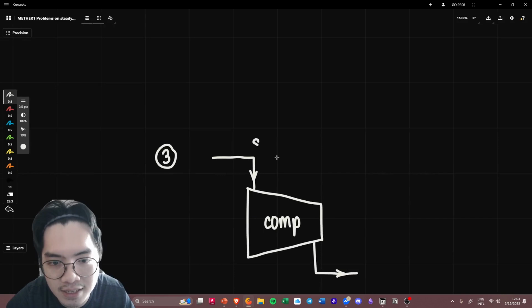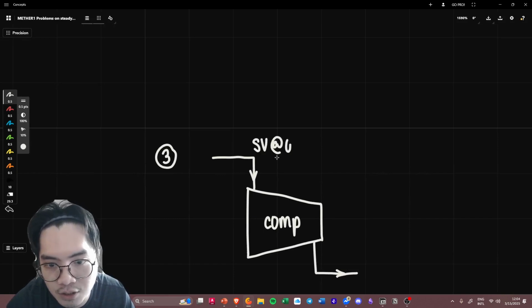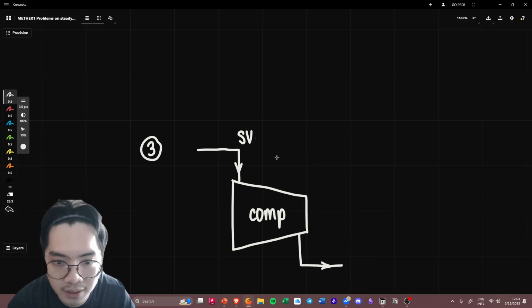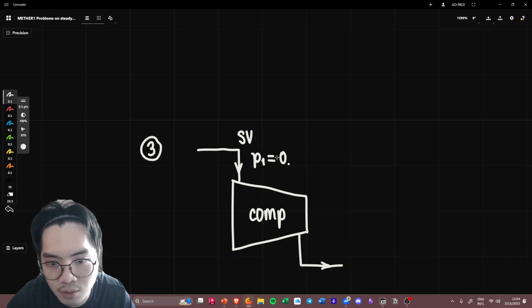They said that this is a saturated vapor at 0.12 MPa, right? So we can say now that our P1 is 0.12 MPa, or let's do mise en place.